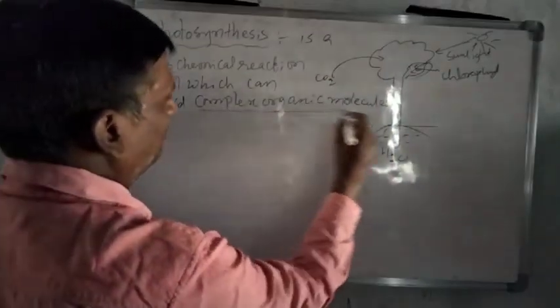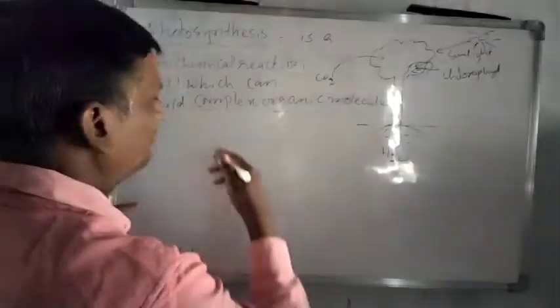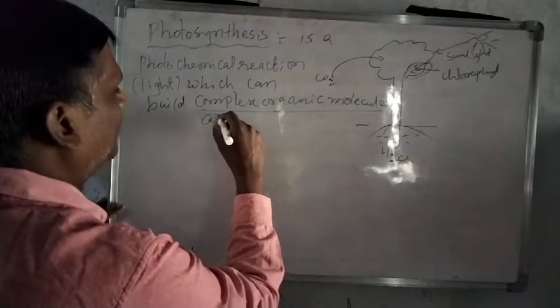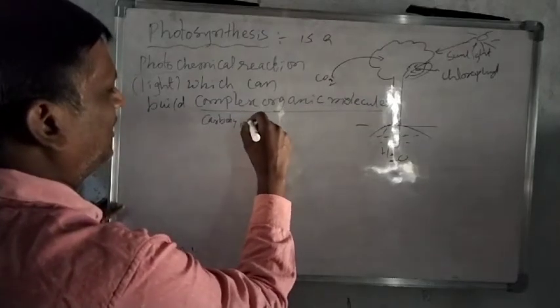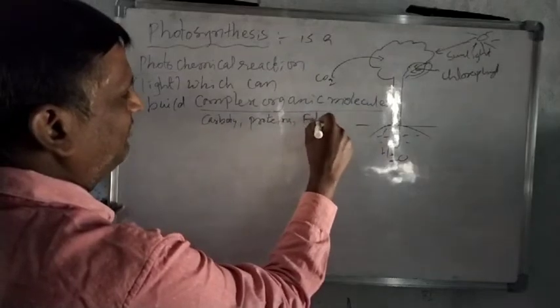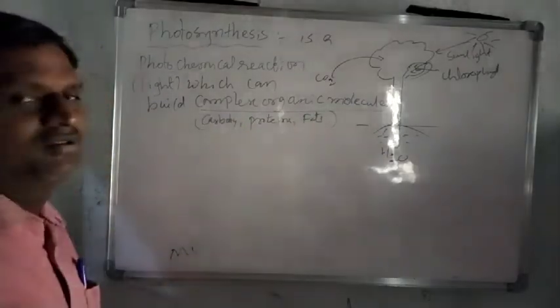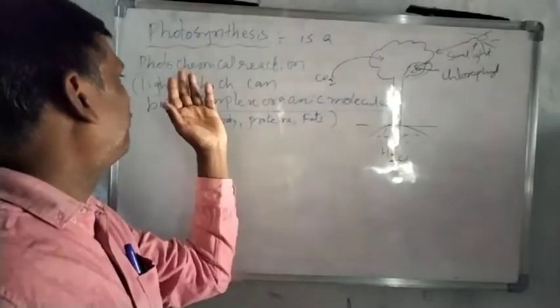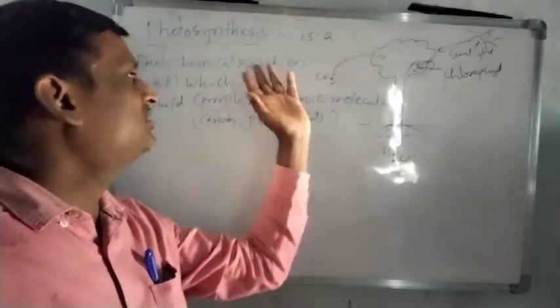What are the complex organic molecules here? The complex organic molecules are carbohydrates, proteins, or fats, any one of them.